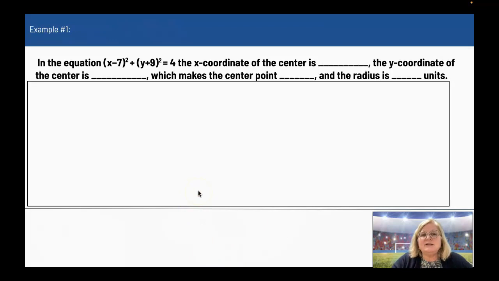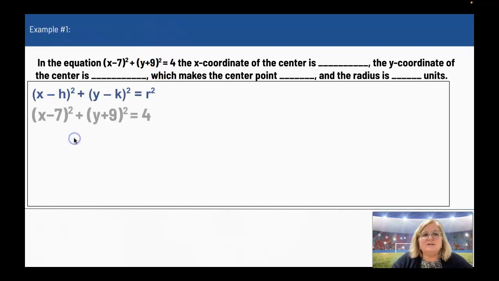In the equation, x minus 7 squared plus y plus 9 squared equals 4, the x-coordinate of the center is this number that comes after the minus sign, so it is 7. The y-coordinate of the center would be -9. Here's my equation.